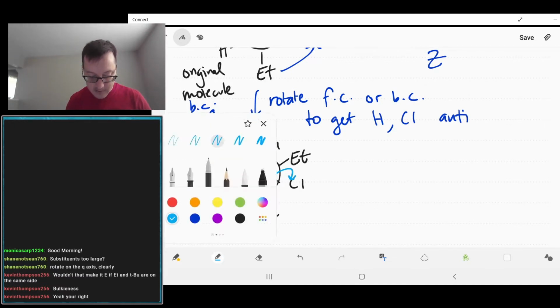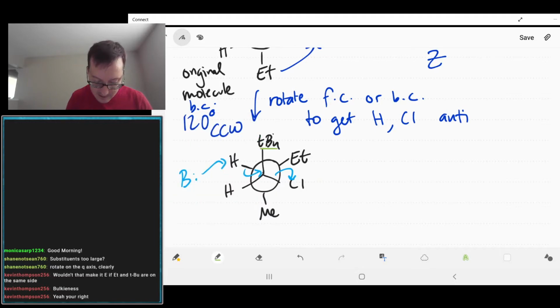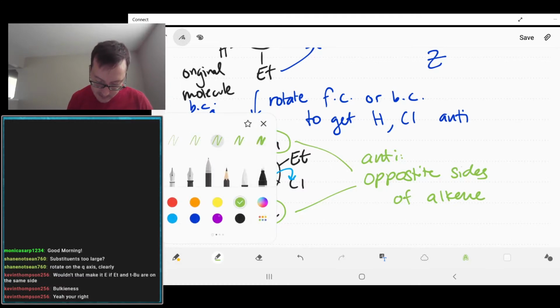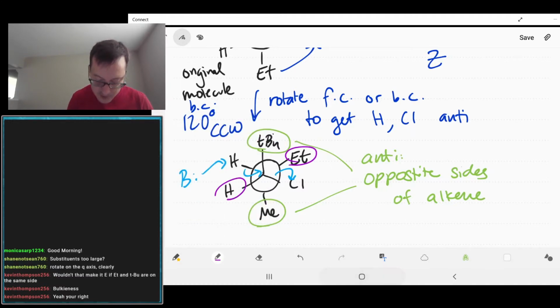Notice the relationships. T-butyl and methyl are on opposite sides. They better be on opposite sides of your alkene. And that also tells you that the ethyl and the hydrogen need to be on opposite sides as well.